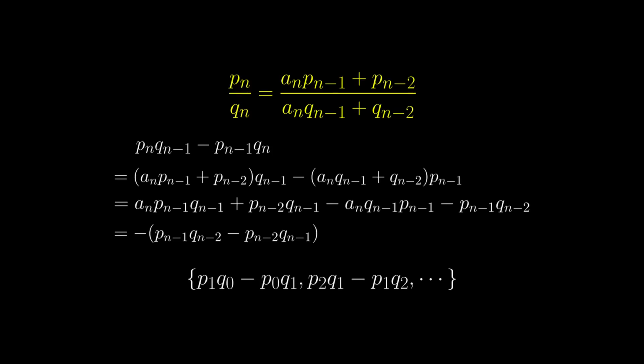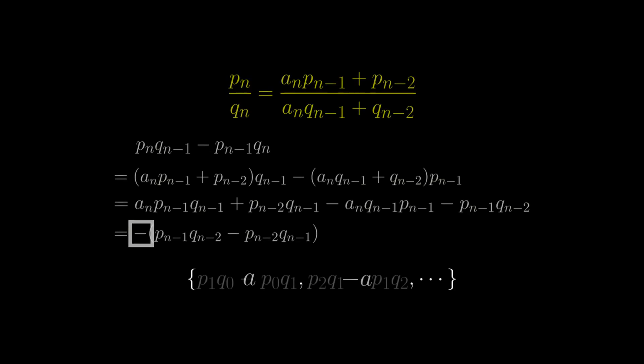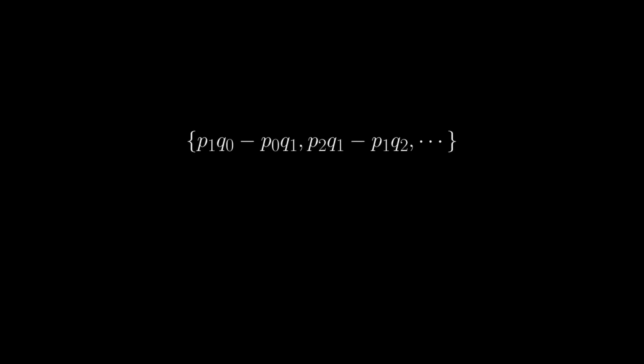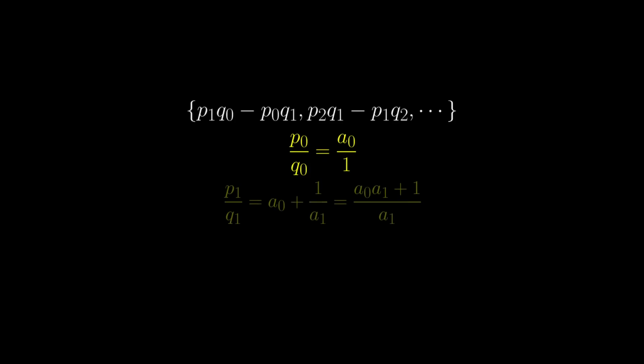That means if we consider the sequence of numbers like this, because we have the negative sign, if we denote the first number as a, then this sequence would be just oscillating with a and -a. But what is the value of a? We first figure out the values of P0, Q0, P1, and Q1.